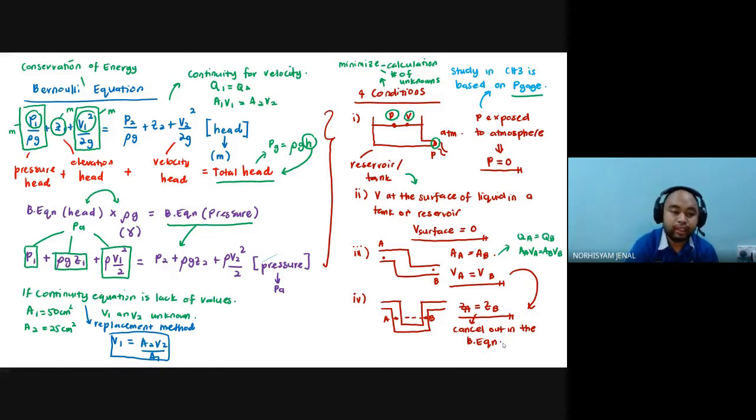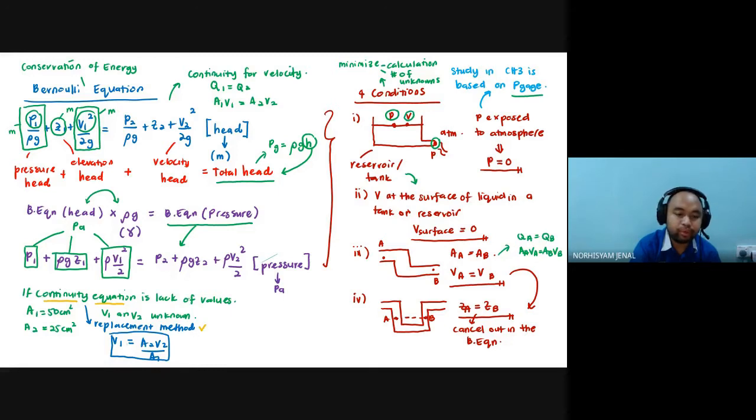At the end, if you are talking about the Bernoulli equation, one thing you need to remember is, if the continuity equation lacks values, for example velocity, where V1 and V2 are both unknown in a question and you don't have a way to study continuity because no flow rate is given, we can do a replacement method, which is very important.